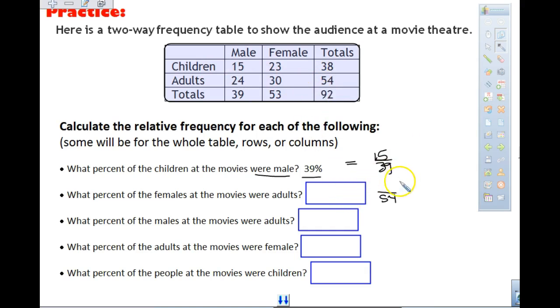And now that we're females, we're going to go to our females, which were 30. And 30 divided by 54 in your calculator gives us. Isn't it closer to 57? No, it's 0.55. Was it 56? Yeah. 56.